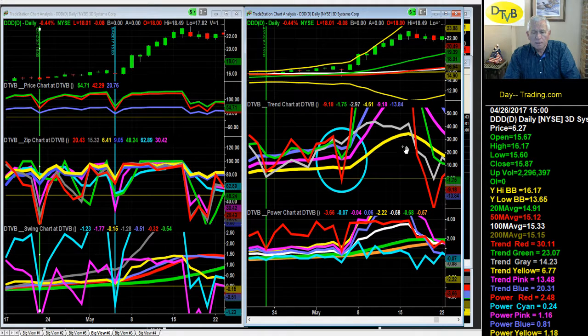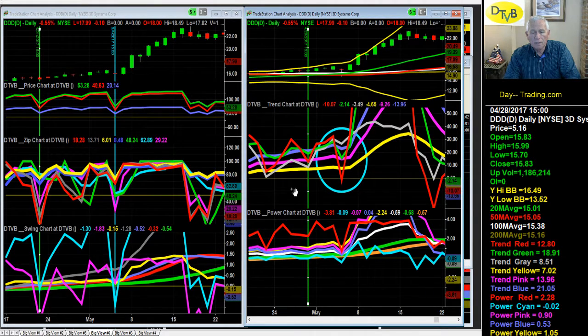Now, in this particular case here, over on the vertical green line, we see trend green down touching the blue line, trend red down touching the yellow line, and trend gray down touching the 0 line. Over here we see green that's gone under the blue, and it's not really too close to pink, but we call it a green down touching pink line, even though it is higher and closer to the blue line.